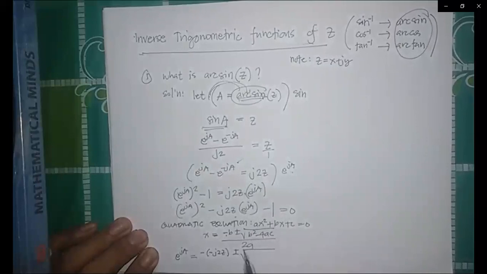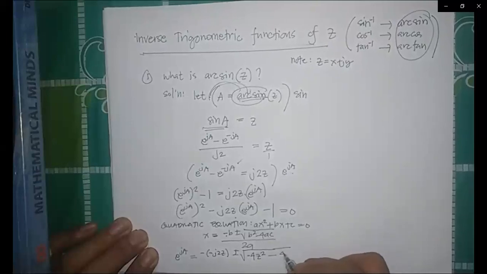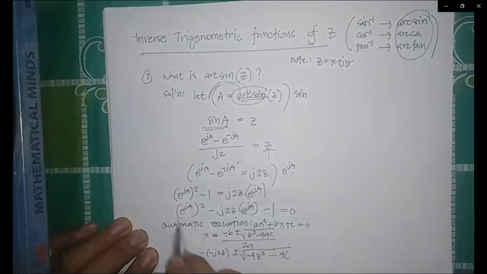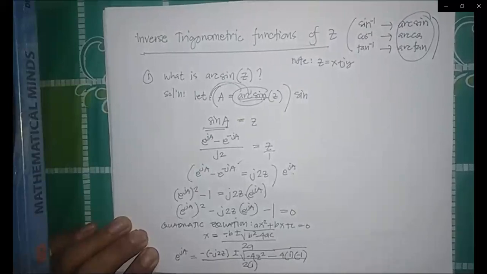If you square negative j2z, the negative squared is positive, j squared is negative, 2 squared is 4, and z squared is z squared. Then minus 4 times a, take note of the coefficient, that is 1, times c, that is negative 1, all over 2 times the coefficient a.